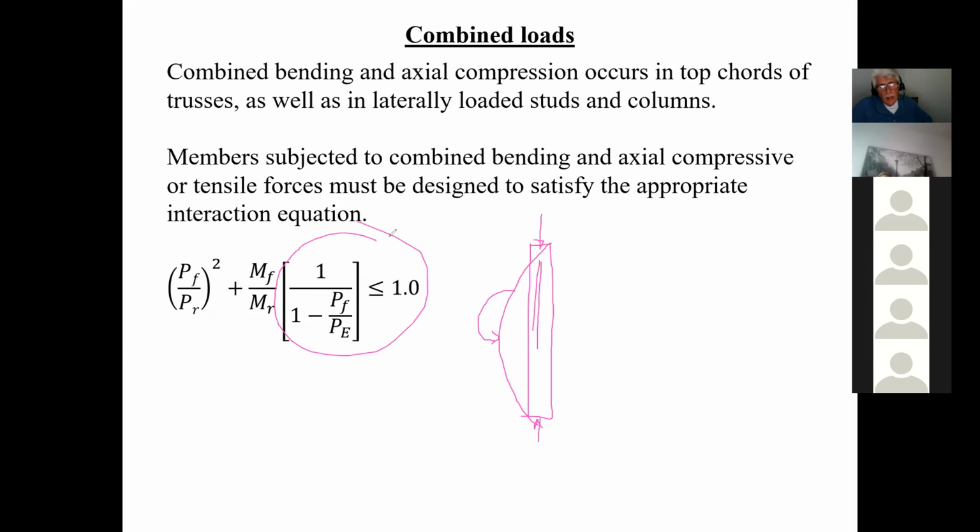It actually amplifies the moment to compensate for the axial load that is no longer acting on the centroid, because the centroid is moving out of place by the bending moment. And that's got nothing to do with it being wood. It's the same for wood and for steel. Of course, each material has its own way of calculating it, but it's the same concept for every type of column that has a bending moment.